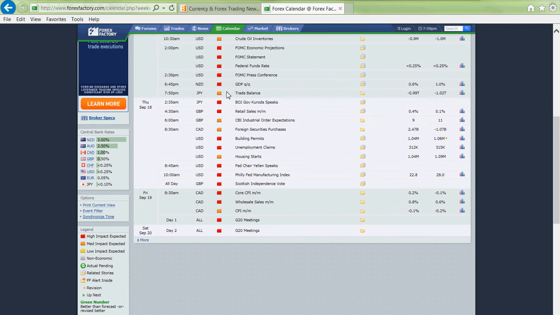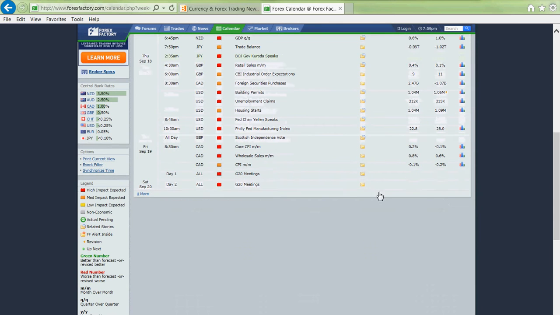So here we go, we got it for Thursday. Thursday is the big news with the Scottish independence vote, and once we get that, we're sure to see the market move one way or another. So we just got to sit tight and see. And then on Friday we got CPI numbers coming out on the Canadian dollar, which I'm hoping will be positive, with all the positive news coming out of Canada.